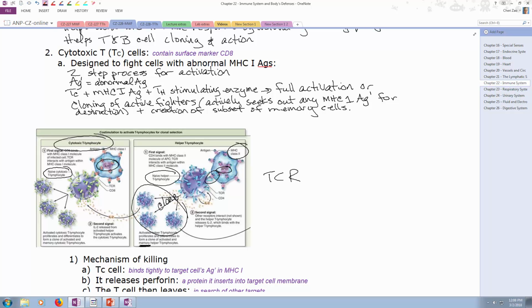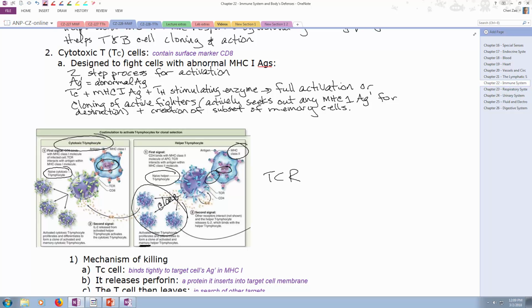So that's what's really cool about APCs. They have 1 and 2 with them, and 2 goes ahead and works with the helper cells, and 1 is really great, can go in and activate cytotoxic T cells. So APCs have a dual role: activate helper and can activate cytotoxic T cells.